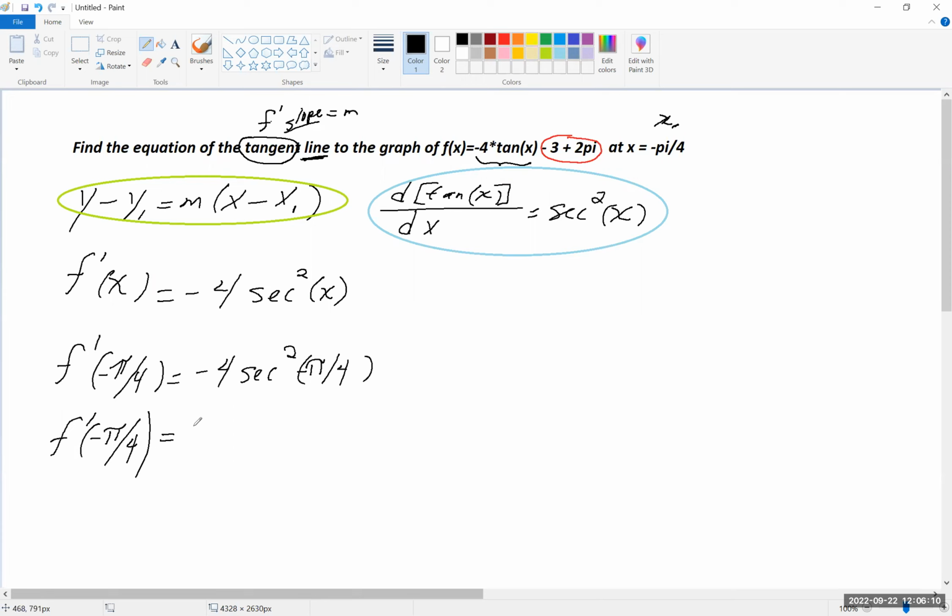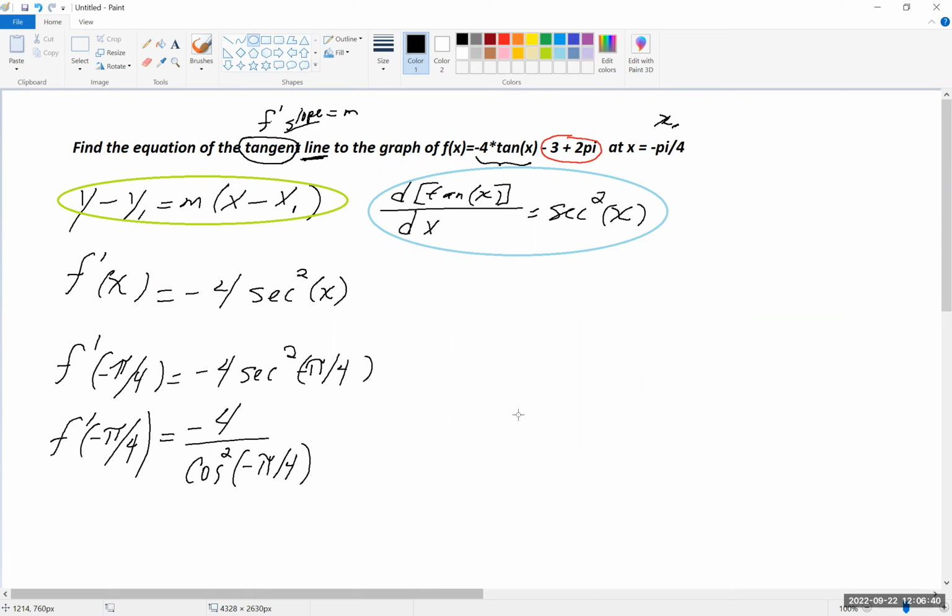But what I will draw on is that secant is 1 over cosine. So that means my cosine ends up in the denominator.